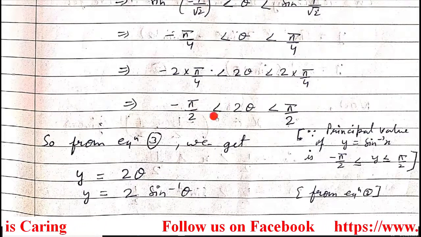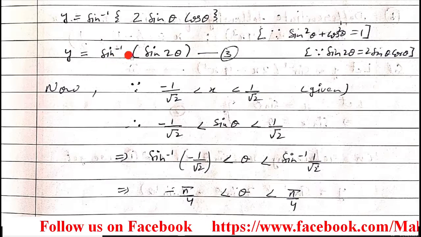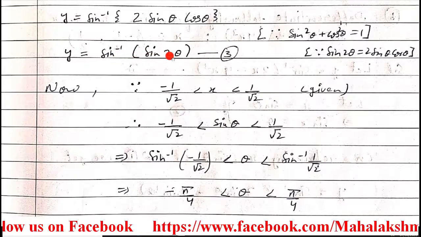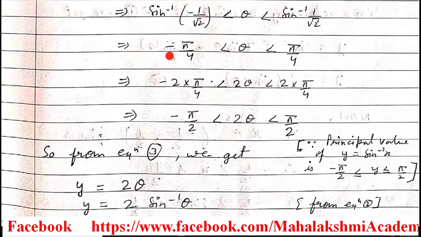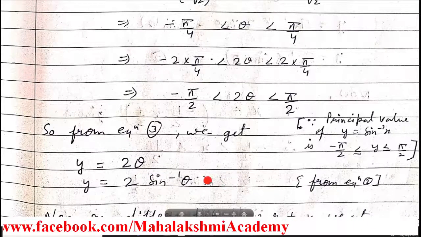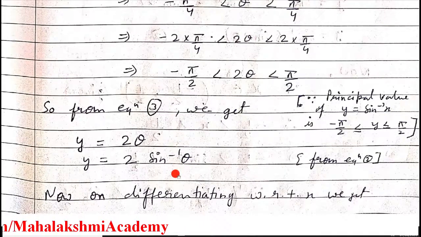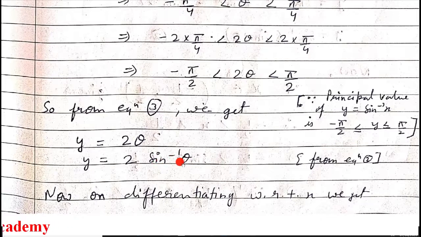So from equation 3, when sine inverse and sine cancel, we will get directly 2 theta. And theta's value from equation 2 is sine inverse x. Sorry students, here x will come. So write here sine inverse x.